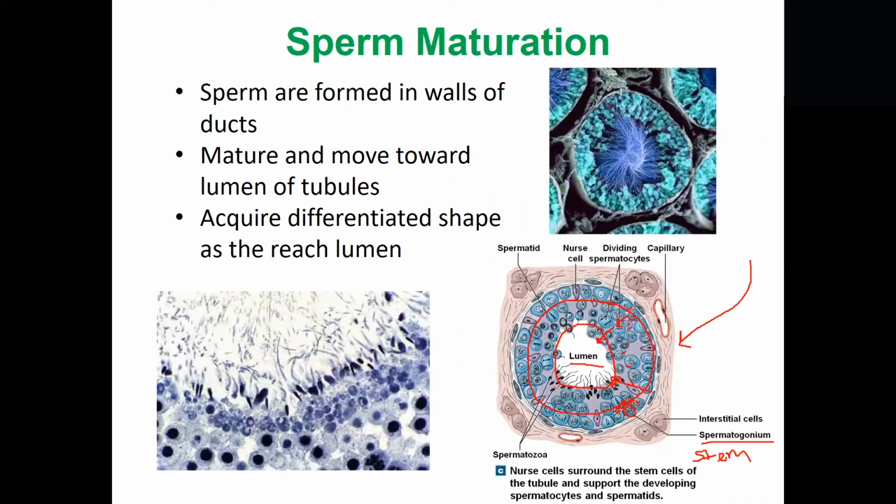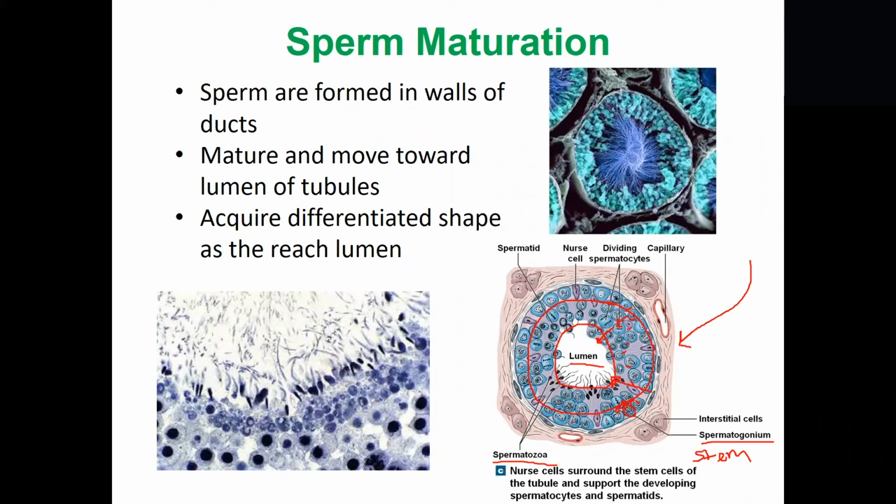And if we look here a little bit more closely, we knew that the final product, the mature spermatozoa that undergoes spermatogenesis, has a really different morphology.